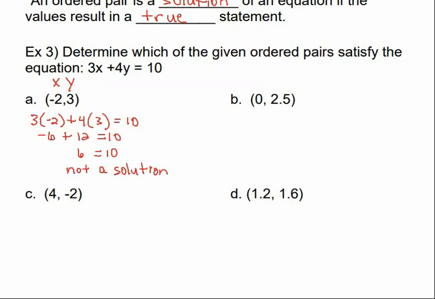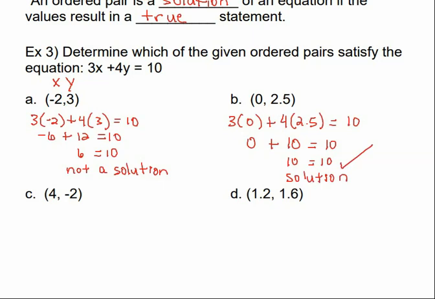All right, let's try B. Okay, so we're going to plug in 0 for x and 2.5 for y. Well, 3 times 0 is 0, and then 4 times 2.5 would be 10. So we get 10 equals 10. So this would be a solution because it's true.